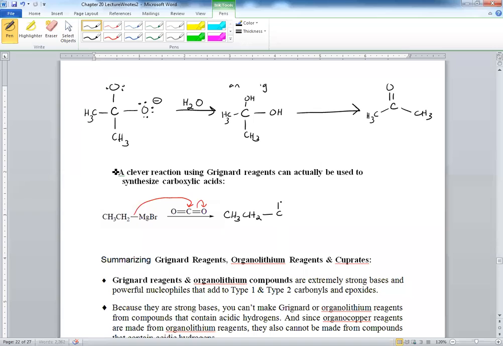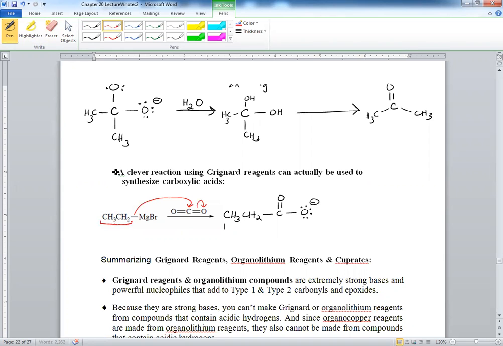So notice what is being added. So we form a carboxylate. Now, once again, make sure you understand what's being added.